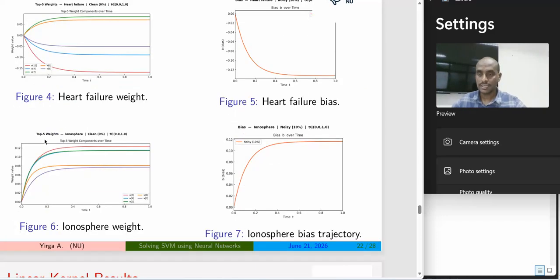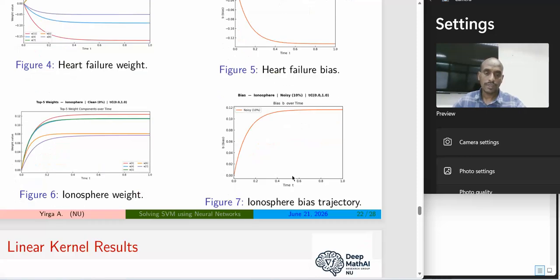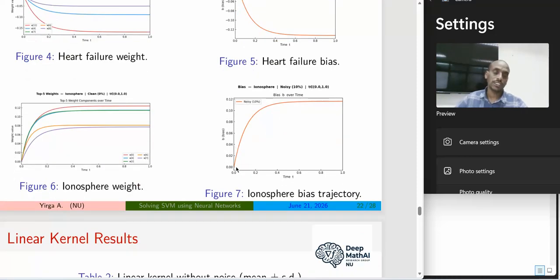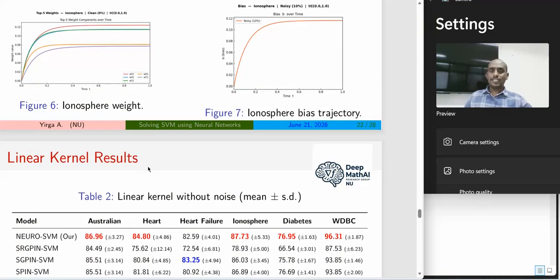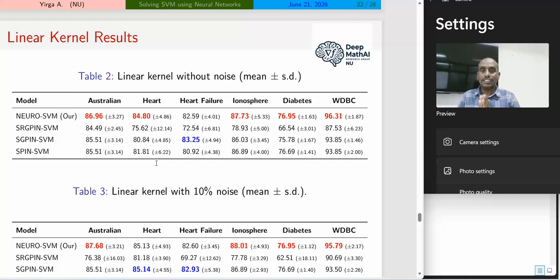Similarly, this visualization is for the ionosphere. It shows 5 features here, and this one, figure 7, is for the bias trajectory for the ionosphere. But we have to quantify them in numerics. So, for the comparison with the existing models, this one is for the comparison of the model with 3 benchmark models.